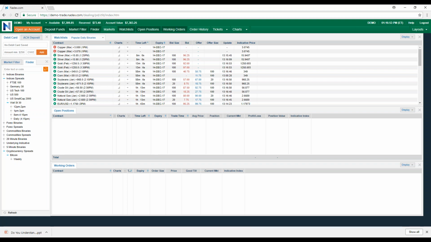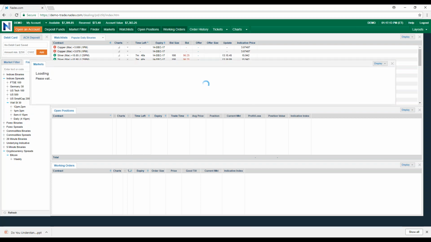I've got spreads that open at 12 noon and expire at 2 p.m. I've got other spreads that open at 1 p.m. and expire at 3. I've got other spreads that open this morning at 8 a.m. and go all the way to the end of the day at 4:15. And I've got some that opened last night at 6 p.m. that expire at 4:15. And check out these dailies here.